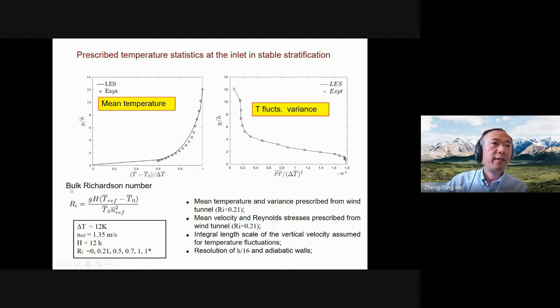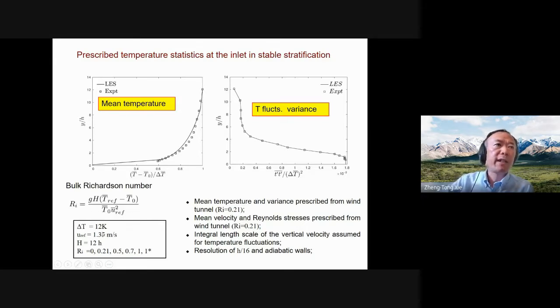Okay, so besides the Reynolds number, for the stratification, we need another dimensionless number called the Richardson number. Here we use the bulk Richardson number, which uses the reference temperature, the temperature at the free stream, minus the temperature on the ground, normalized by the free stream velocity squared.